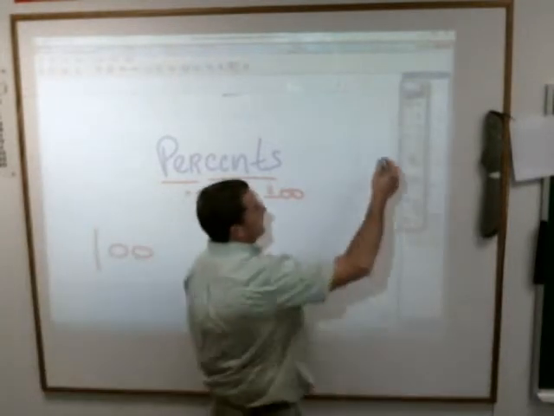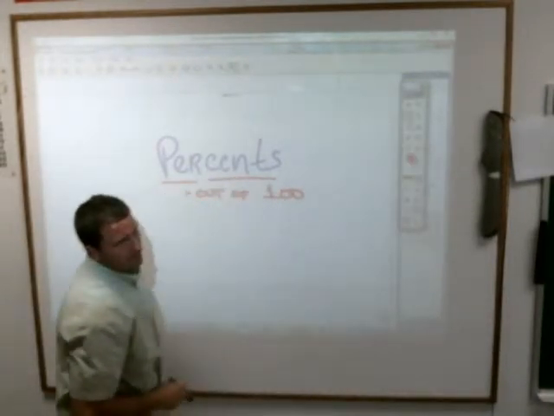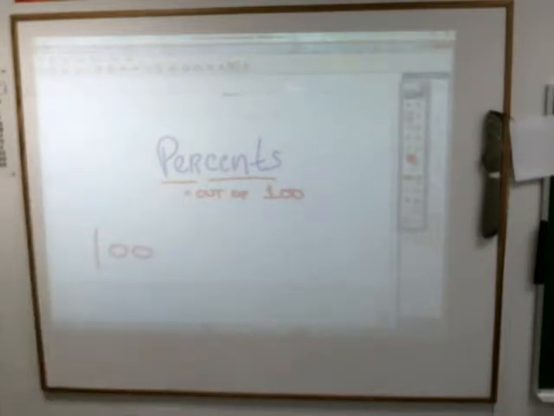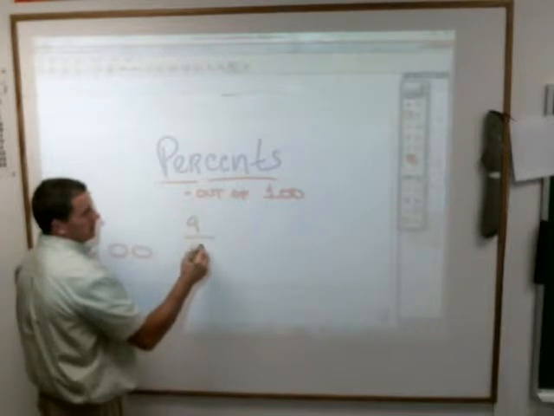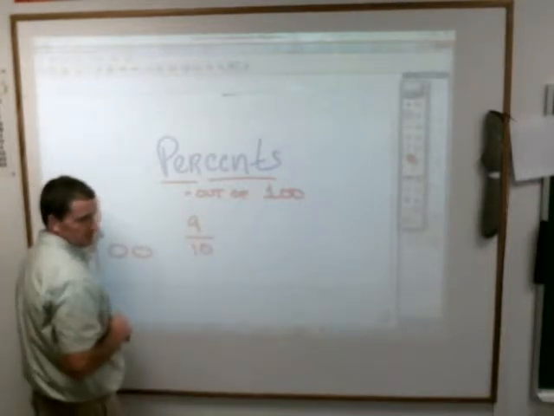Now percents are more like a comparison because, for example, when I give you a quiz, you get one wrong, you get 90%. Did you actually do 100 problems? No, but you did what was an equal ratio to that. Out of the 10 problems on the quiz, you got 9 of them right.